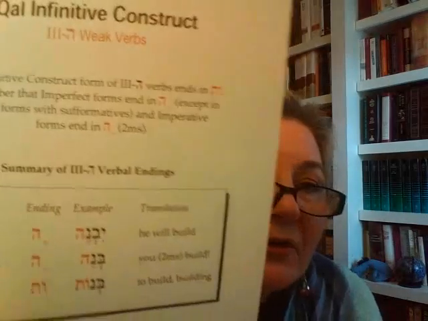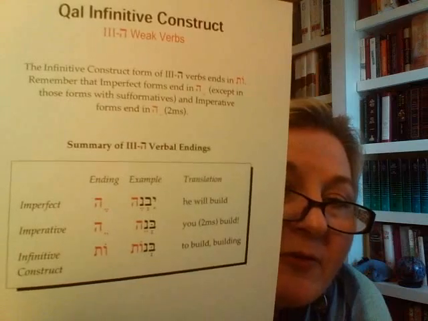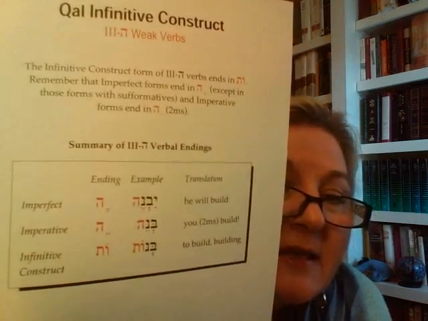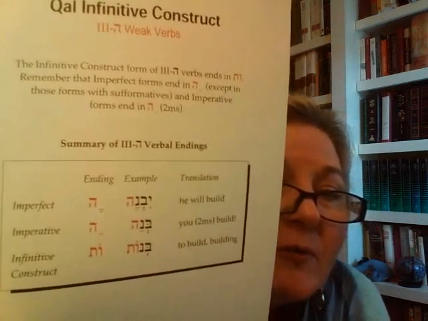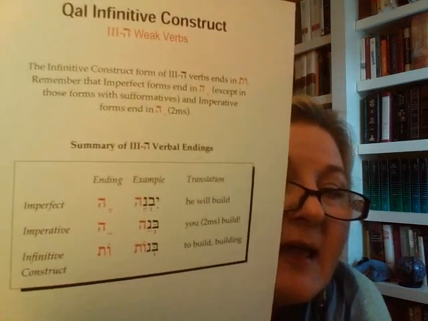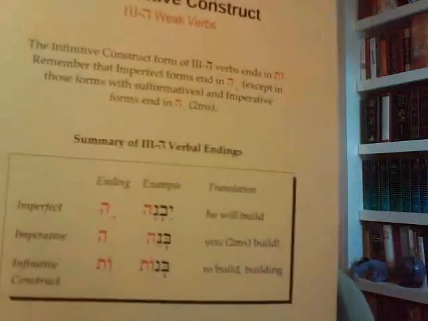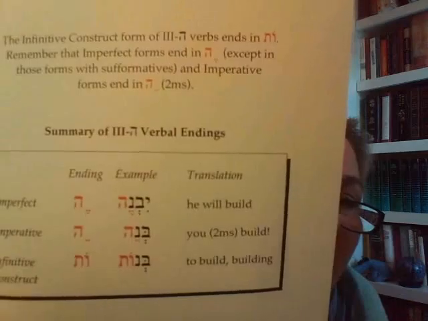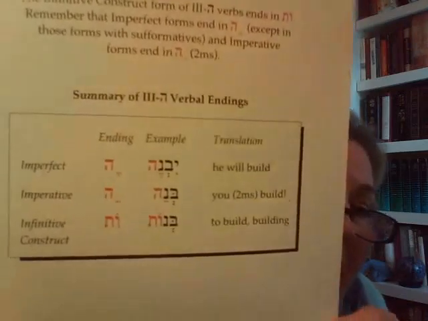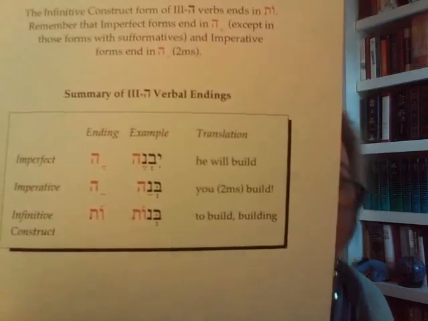Now, in the Qal infinitive construct with your lamed-hey weak verbs, the infinitive construct form ends in the oth, as we just said. Remember, the imperfect forms end in segol hey, except in those forms that have the afformatives. If you look here, you see the imperfect ending, segol hey.